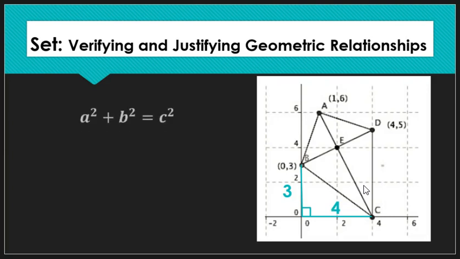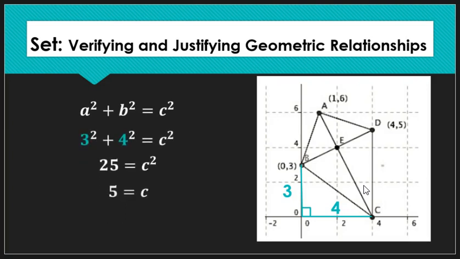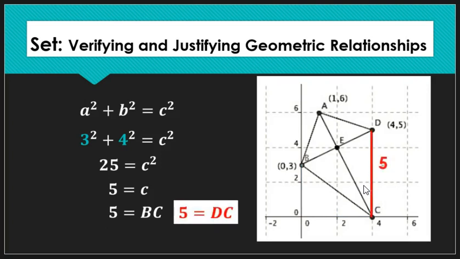So if we use the Pythagorean theorem, a squared plus b squared, we can substitute in the 3 and the 4 and then solve for c, and we can find that BC equals 5 units. It's 5 units long. DC is also 5 units long. So we can see that the length BC is equal to the length DC.